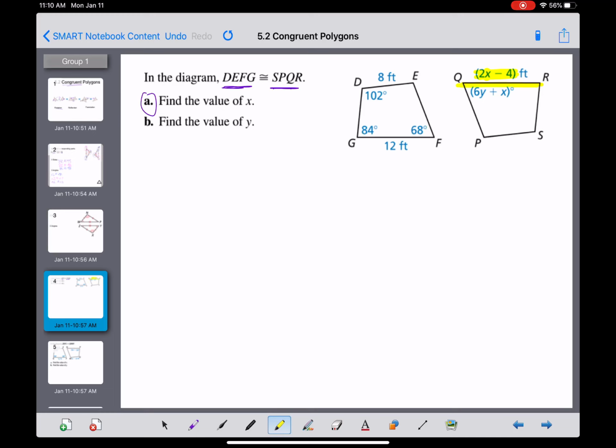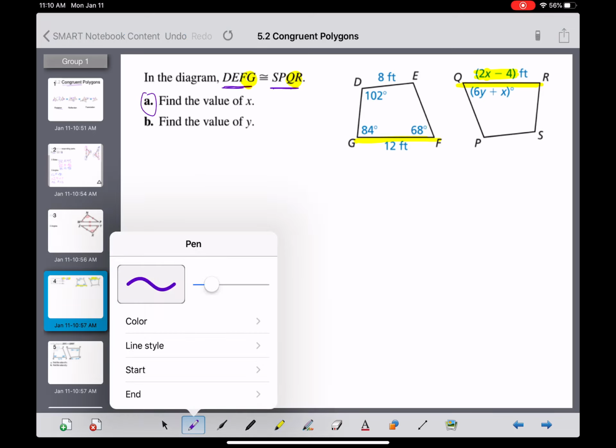So how do I know which side corresponds with length QR? Well, I have to go to my congruency statement. QR is the last two letters in quadrilateral SPQR. So I need to use the last two letters in the statement DEFG. Therefore, QR is congruent to FG.